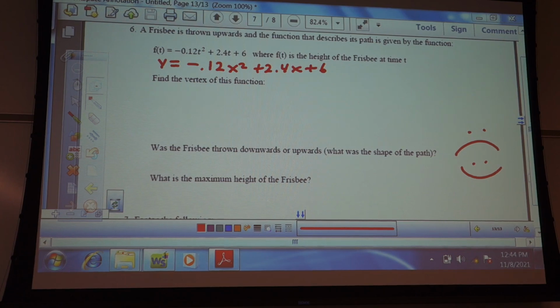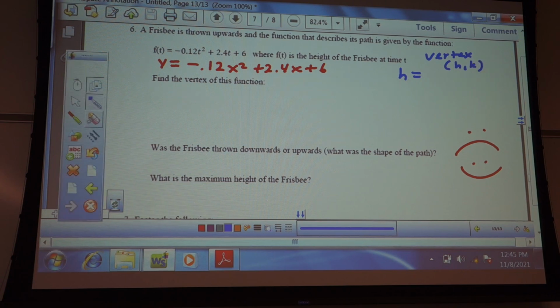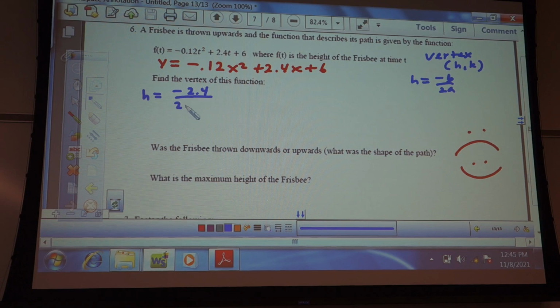First things first, we're going to find the vertex. All right, so my vertex is h comma k, where my h is equal to negative b over 2a. So I need to find that. So my h is equal to negative b, negative 2.4, over 2 times my a, negative 0.12.